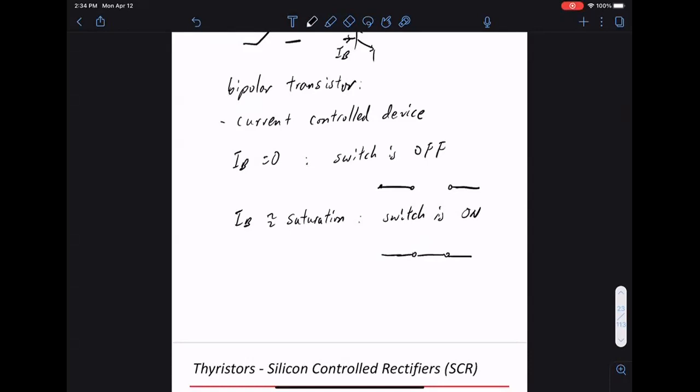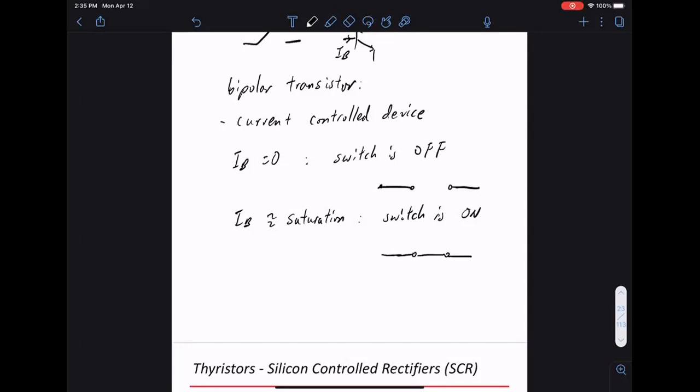If you look at the bipolar transistor, the good thing is that it is a fairly robust device. It handles high voltage, high power, this kind of thing. But what is a drawback of this device? It requires a current to be on, and a fairly large current.